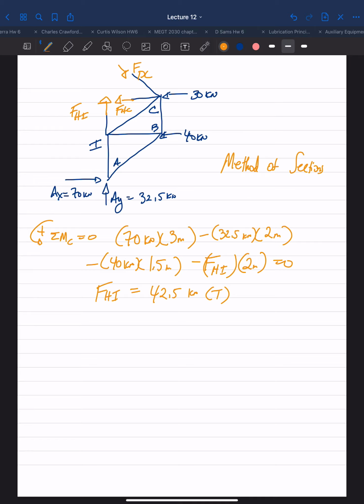Next, if I do my sum of the forces in the y direction, or we can take the moments about point D, whatever way is easier.